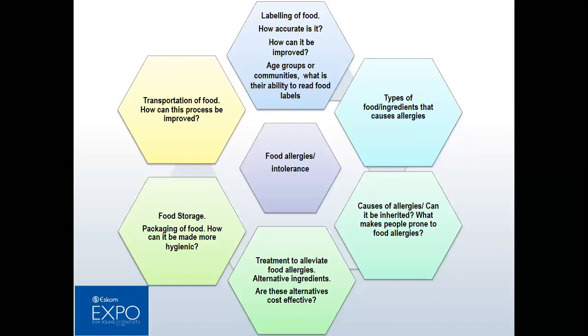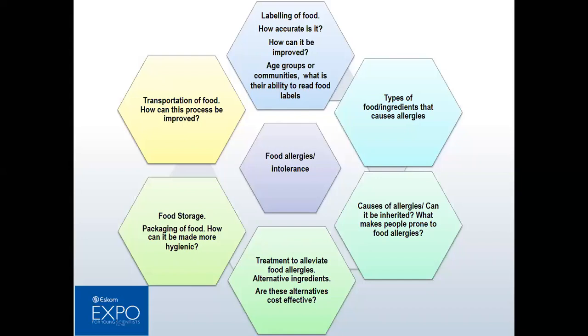Looking at treatment or alternative ingredients in food. If I'm allergic to a particular type of food, what are some of the alternatives that I could use? What about the cost of these alternatives? Okay, then the packaging of food, transportation of food. How can this process be improved?